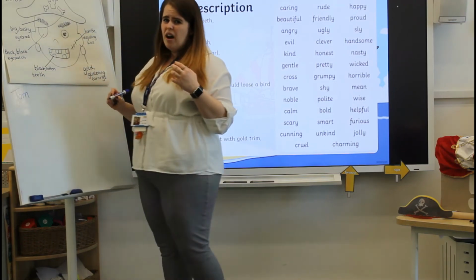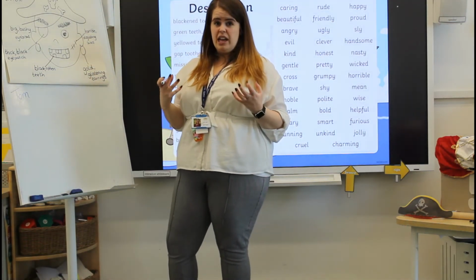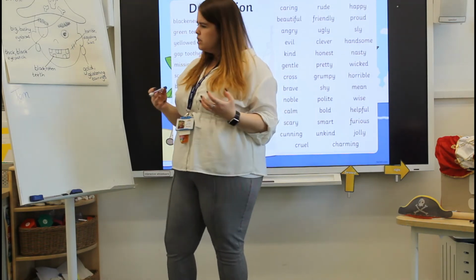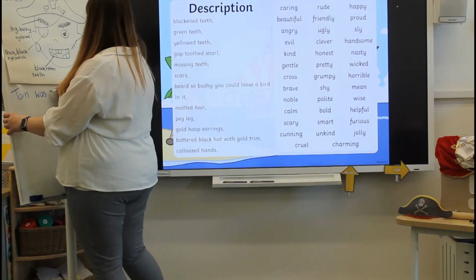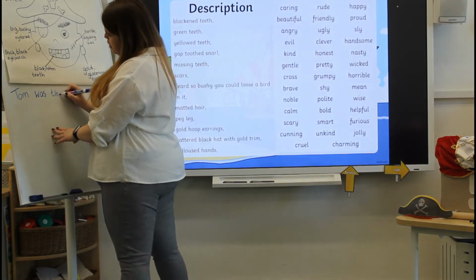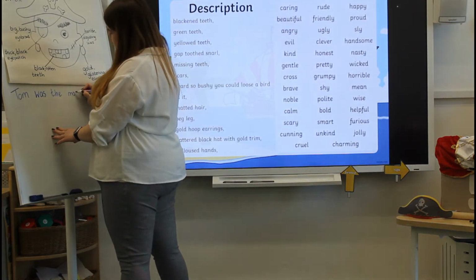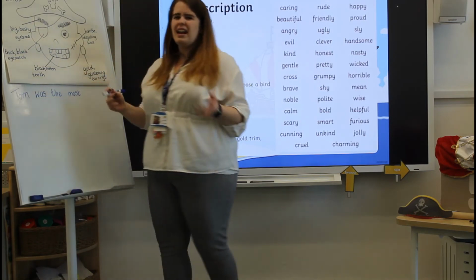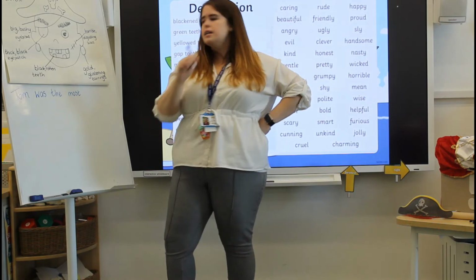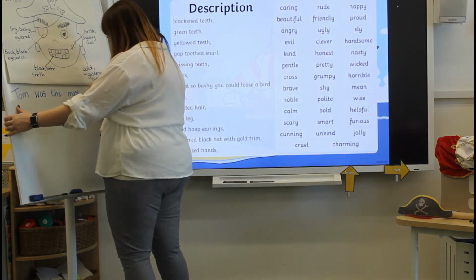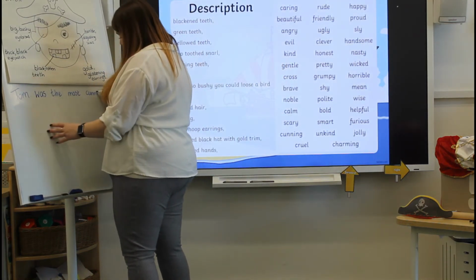Now, Tom, I know, was very clever. And he was also very mean. So, Tom was the most... Now, I don't really want to use the word clever. I'm going to try and think of a different word that sounds a bit better. Clever. Cunning. He was the most cunning, which still means clever.